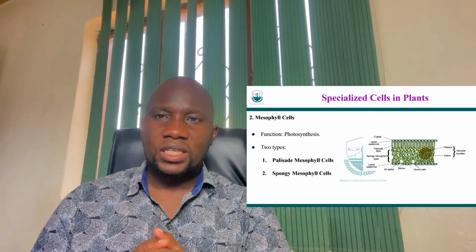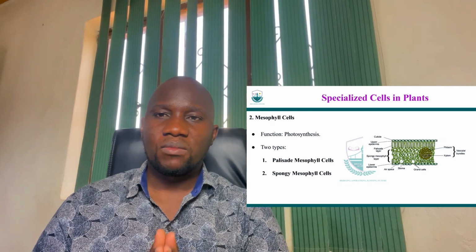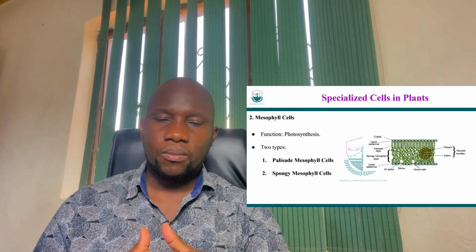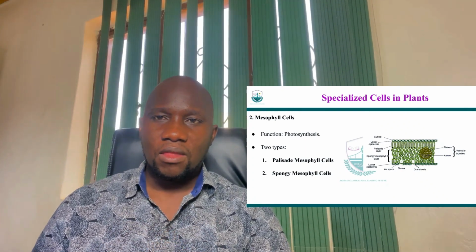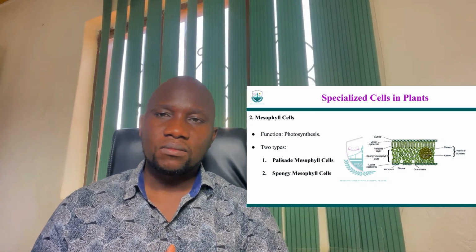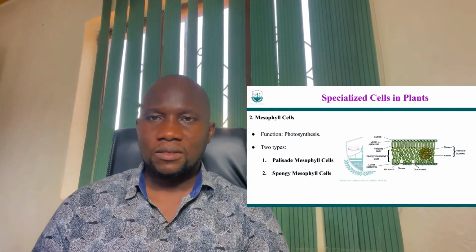And then we go to the second category of specialized cells in plants. These ones are called mesophyll cells. Mesophyll cells are of two types: the palisade mesophyll cells and the spongy mesophyll cells. They are very important for the process of photosynthesis.